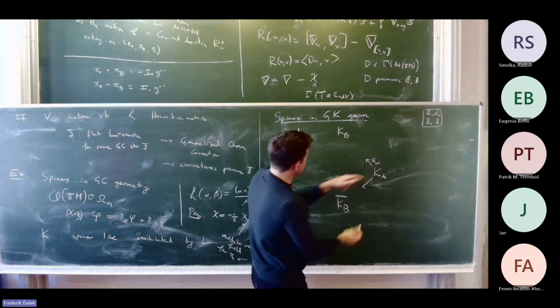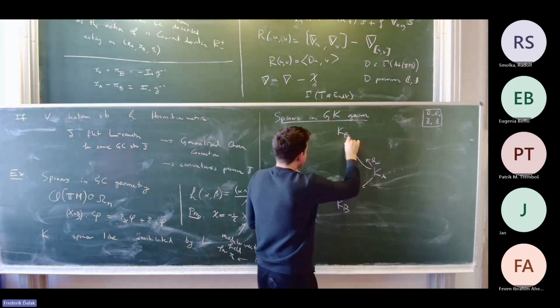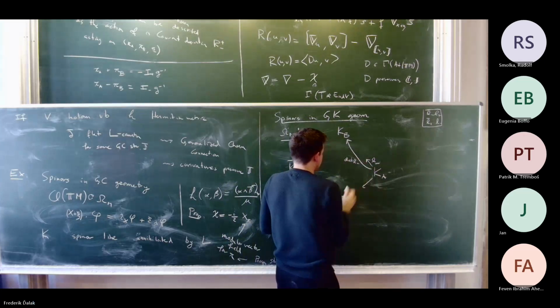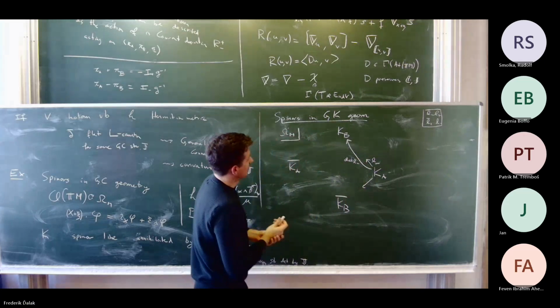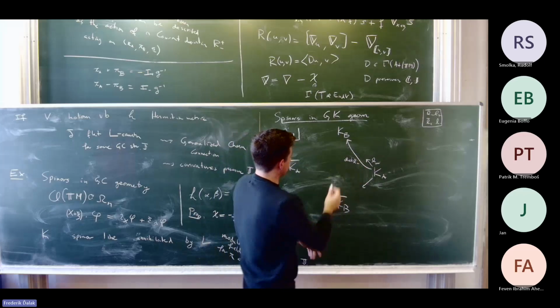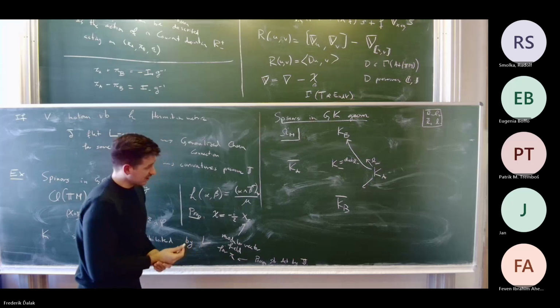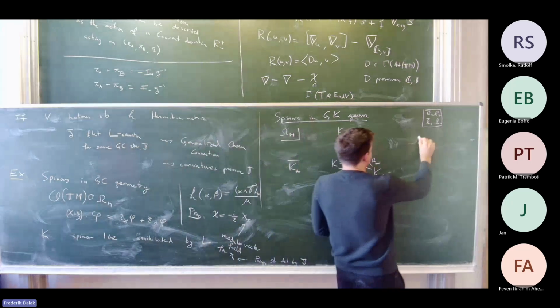And to get from K_A to K_B, you need the determinant of L minus, which was the same thing as the canonical bundle of I minus by this identification.